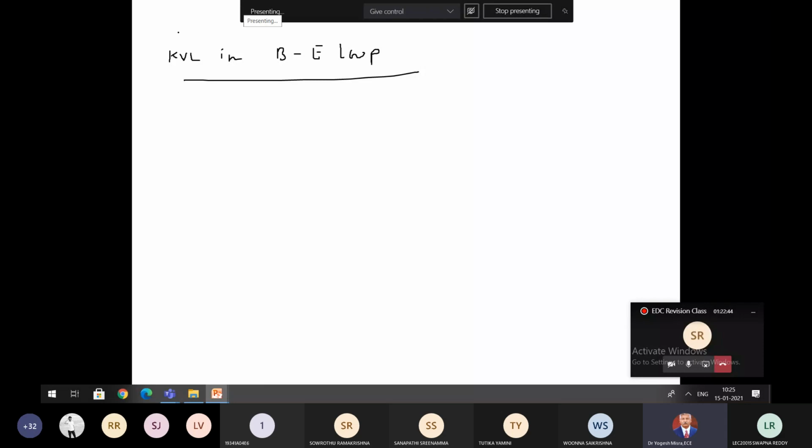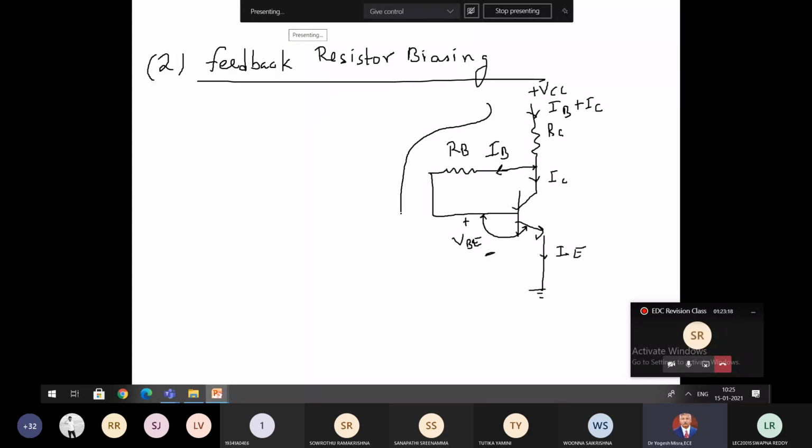We are finding the expression for stability. So apply KVL in the base emitter loop, right? See this circuit in the base emitter loop. You apply KVL like this.